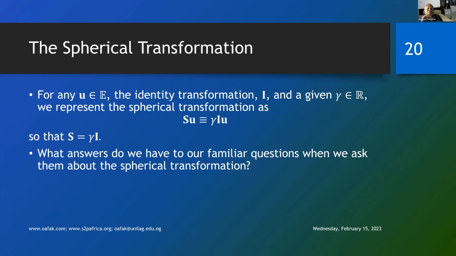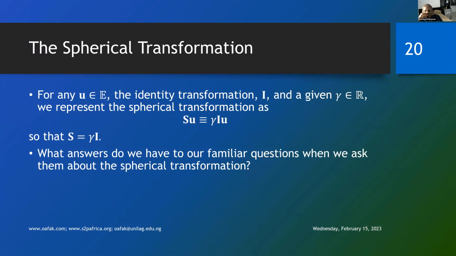We represent the spherical transformation with the big S as defined by gamma IU. It's just a scalar multiplied by the identity transformation, so that S is equal to gamma I.